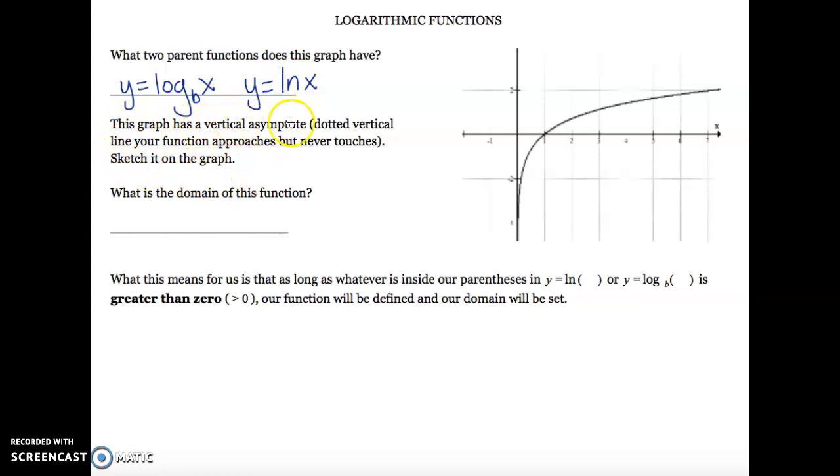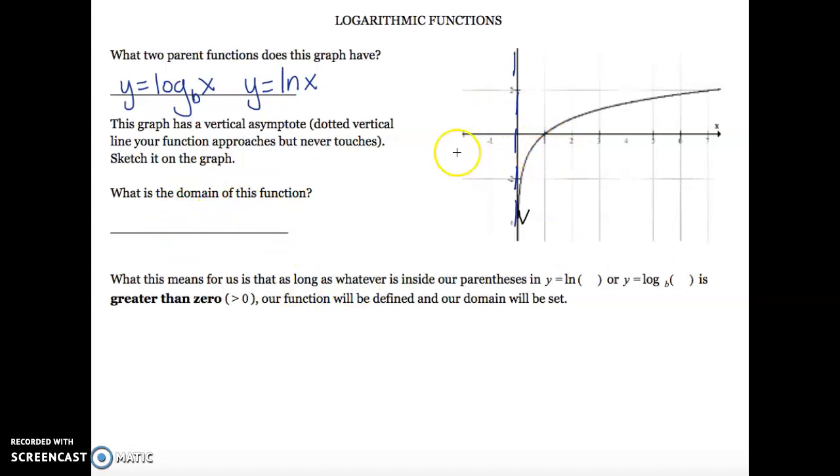This graph has a vertical asymptote, which is a dotted vertical line your function approaches but never touches. This one does specifically at 0. So my graph is going to continue down forever, and it's never going to touch this axis.